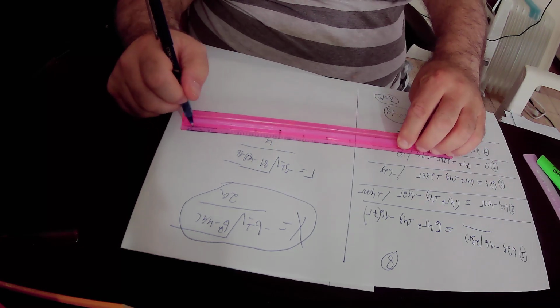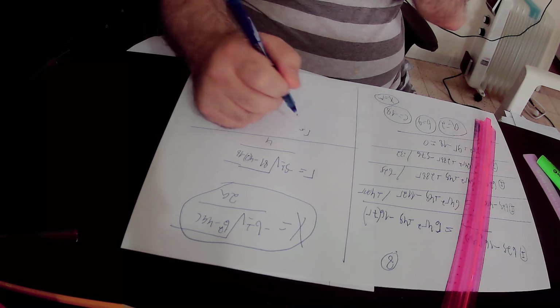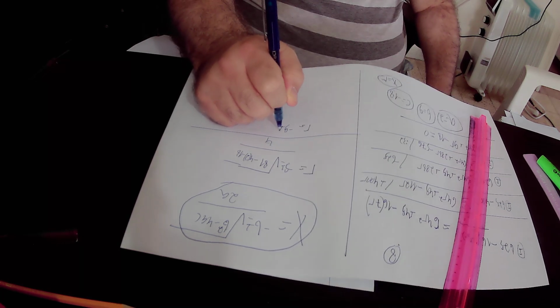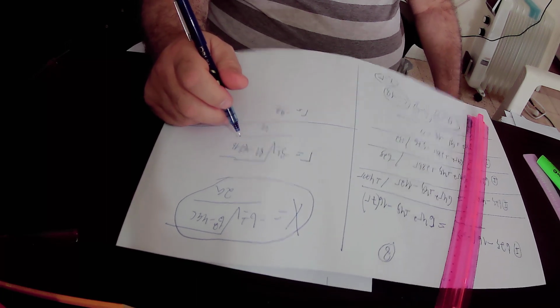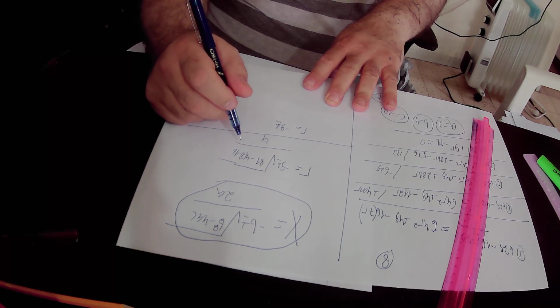So here we found out that r equals minus 9 plus minus the square root of, 4 times 2 is 8, and minus 8 times minus 18 is plus 144.